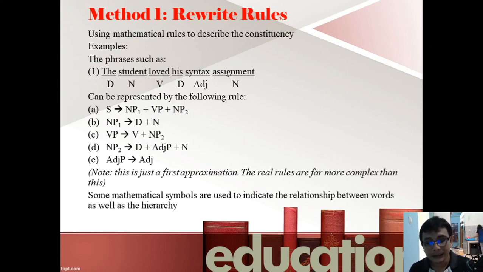And then the second is VP. So we have verb plus noun phrase. And this noun phrase in turn consists of a determiner, and then we have another part which is the adjective phrase syntax. You may be puzzled why I say that syntax is an adjective phrase.